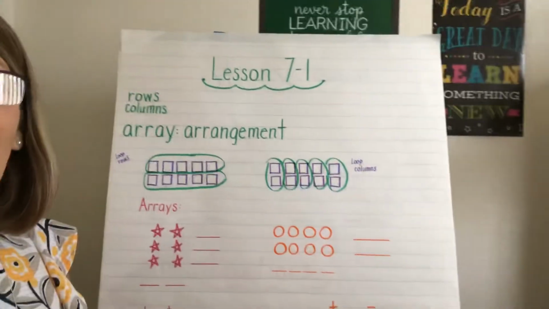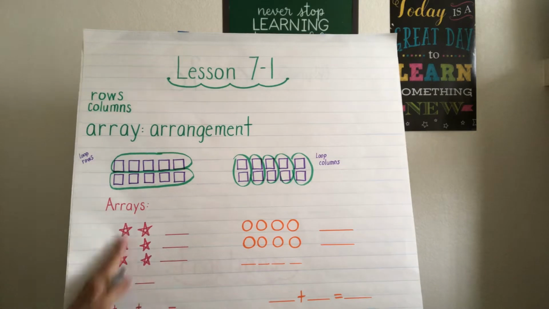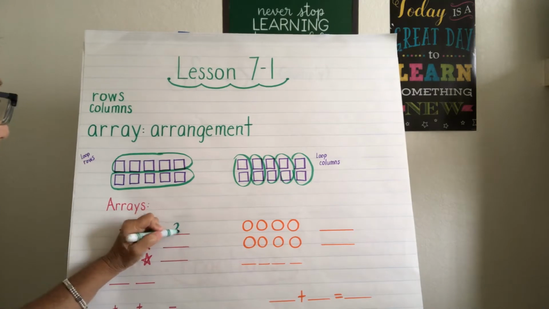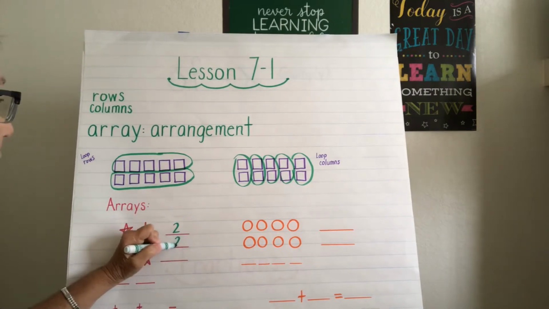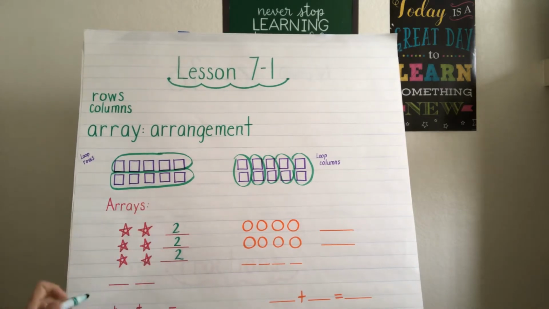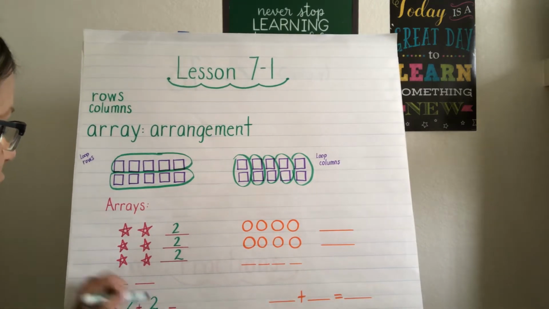All right, let's take a look at some arrays here. This is an array of rows and columns. In these rows, I have 2 stars, 2 stars, 2 stars. So I can say, if I add all these up, I have 2 plus 2 plus 2.